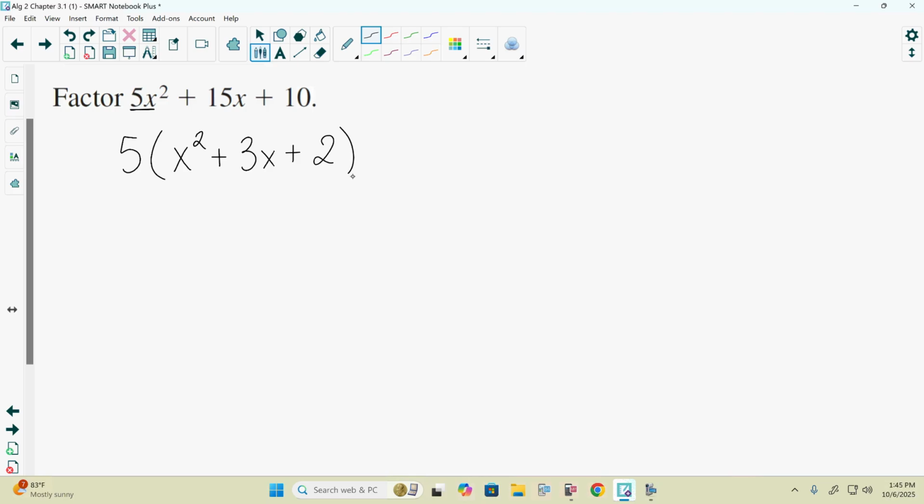Our second step is to write 2 sets of parentheses with 3 spaces. So we're going to end up factoring this to 2 sets of parentheses. Finding the sign is going to be our next step. The sign is going to go in both sets of parentheses.